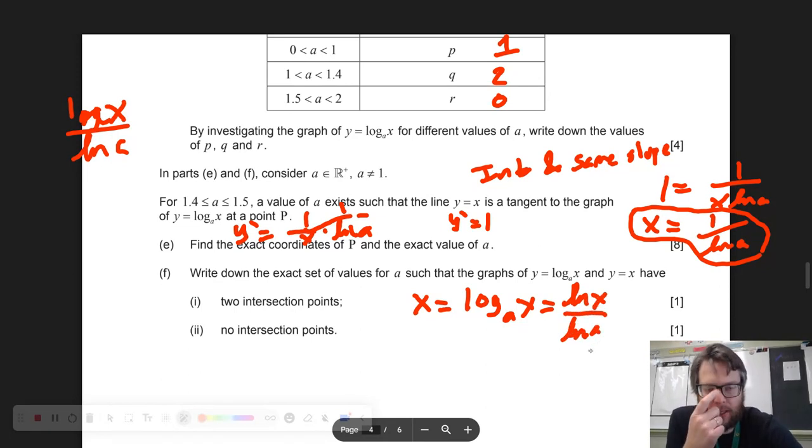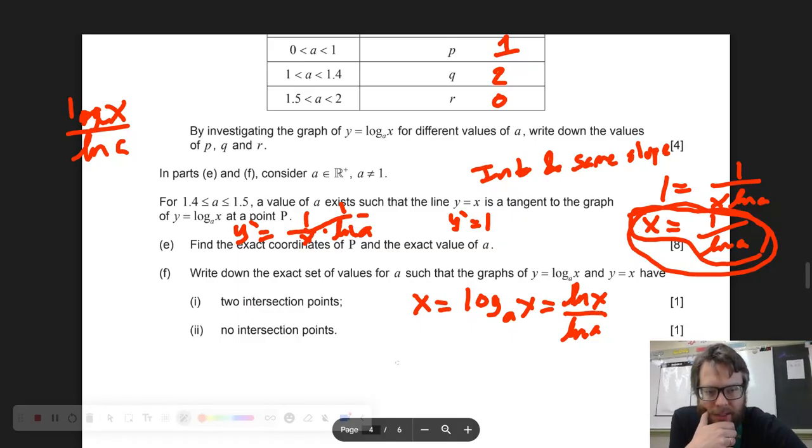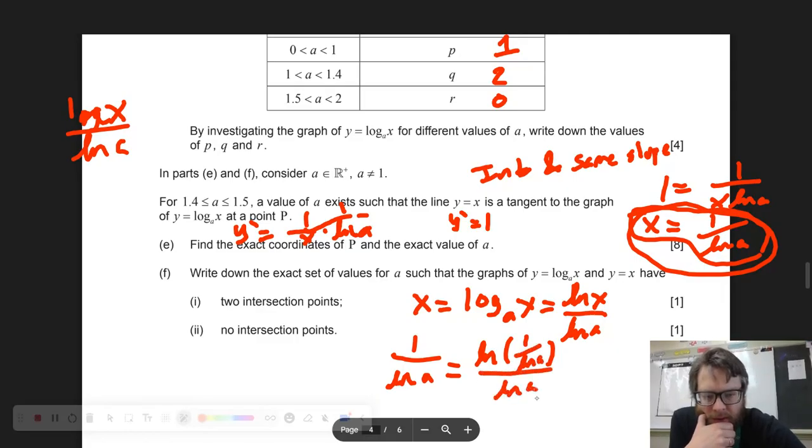Then I'm going to plug in the x value that I'm circling over here for both my x values. So I know that 1 over natural log of a equals the natural log of 1 over natural log of a, over natural log of a.